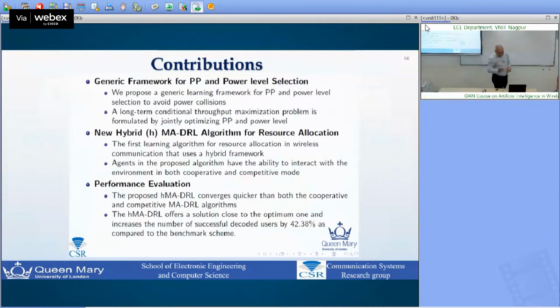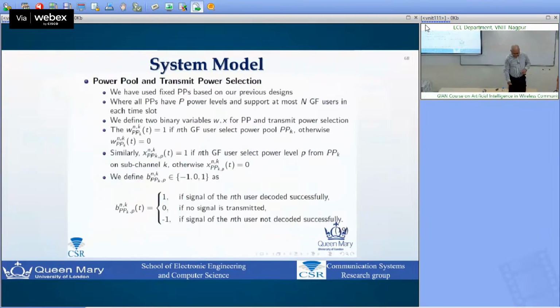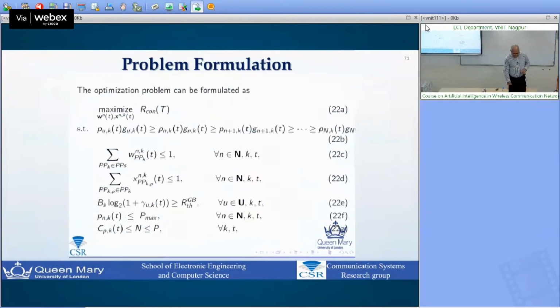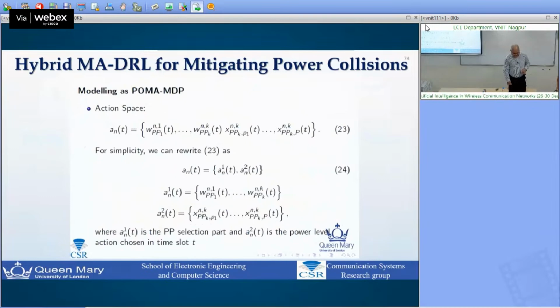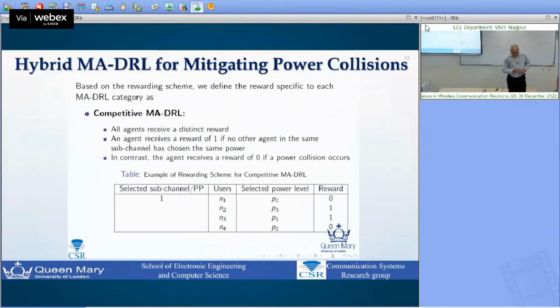Now we see how the hybrid scheme works. First we see what is meant by cooperative and competitive. Here is an example. What is meant by competitive? Say you have 4 users.